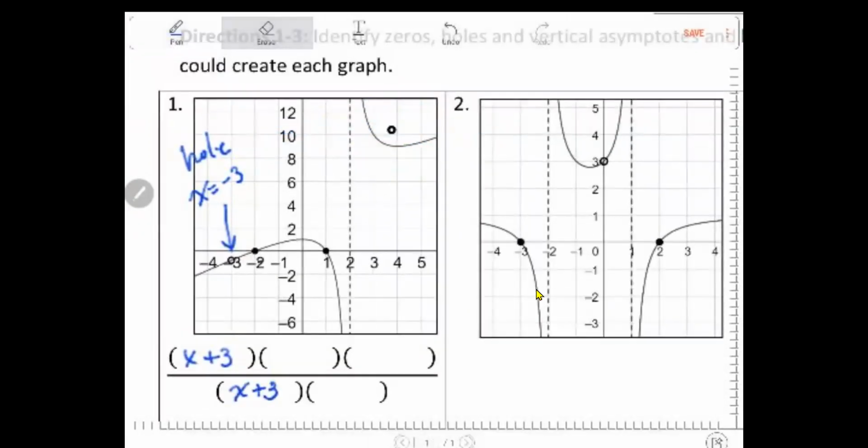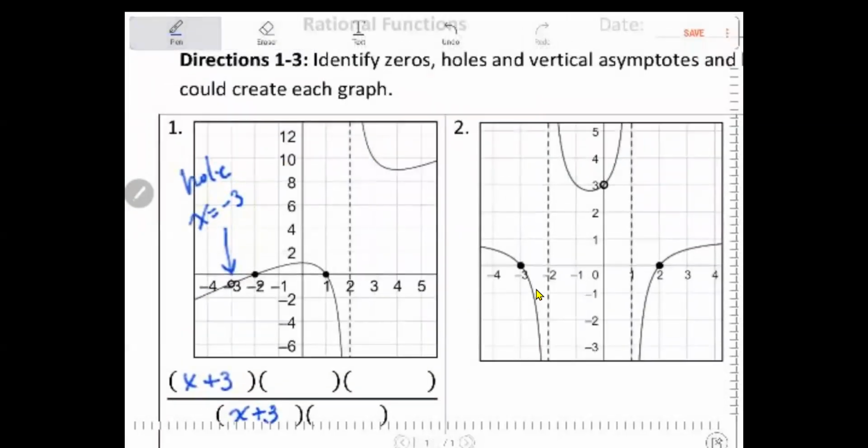The second thing I noticed is that there is a vertical asymptote here, and it is at x equals 2. Vertical asymptotes, we know from our notes, are only in the denominator.